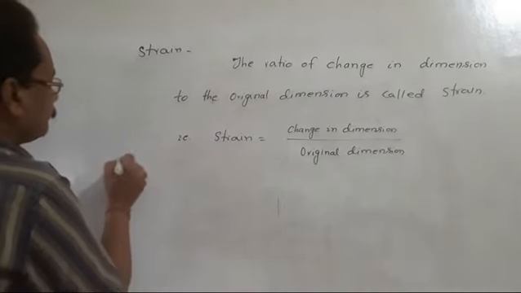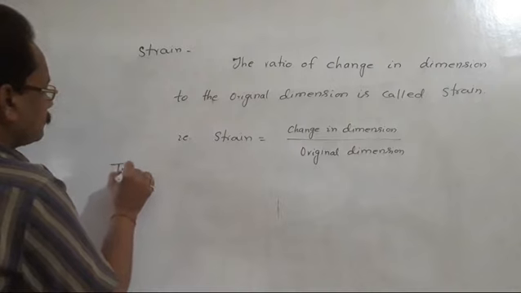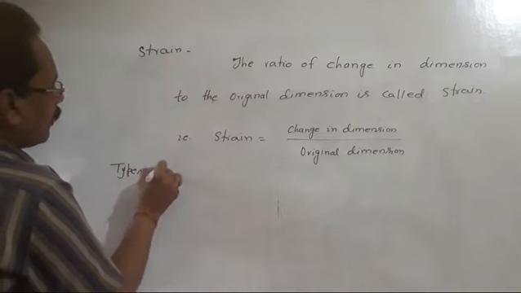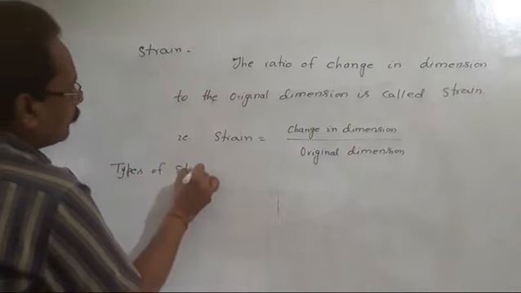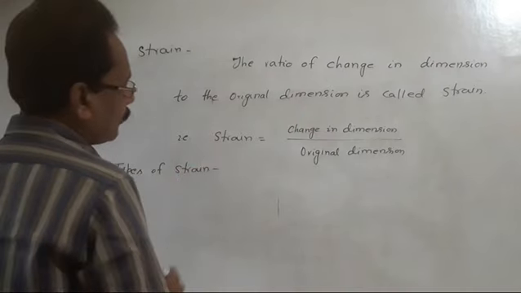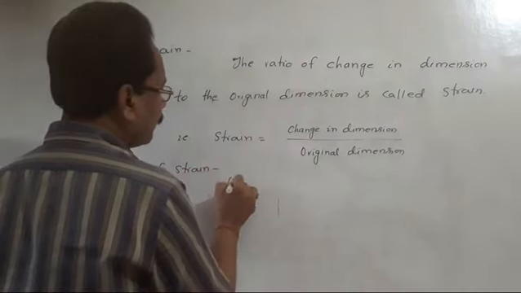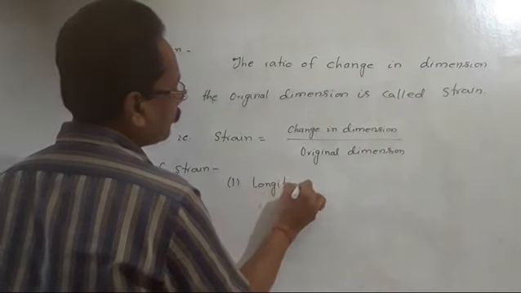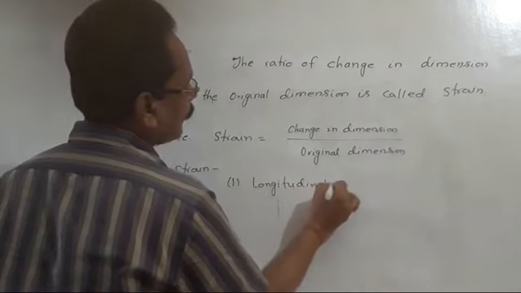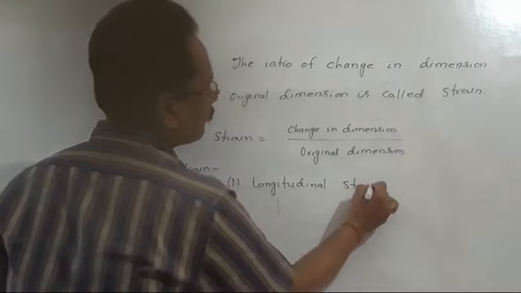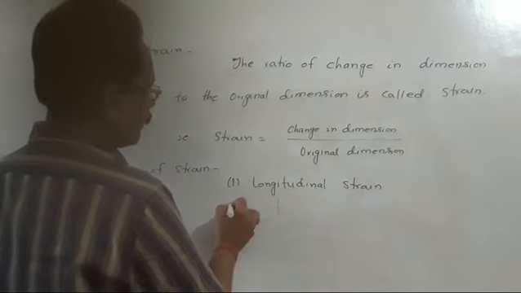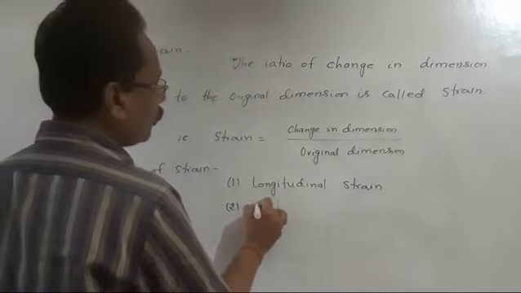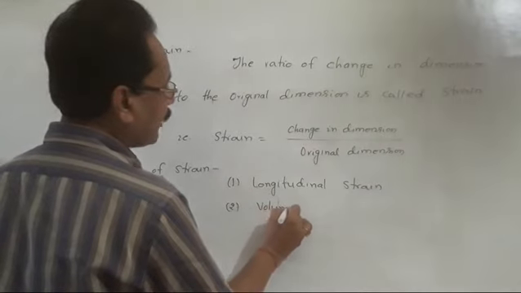So then, types of strain. First one is known as longitudinal strain. Second one is your volumetric strain.